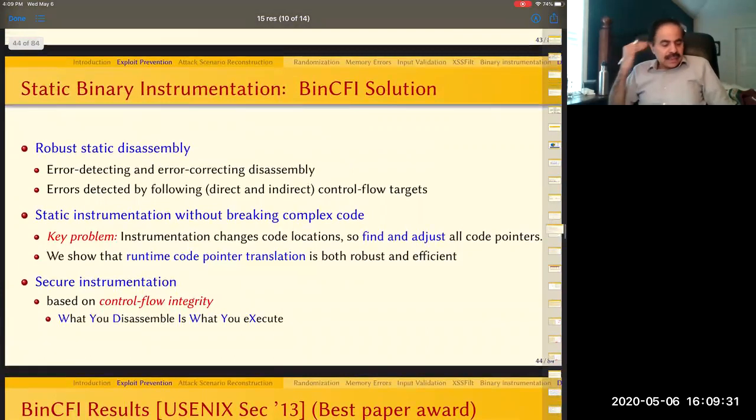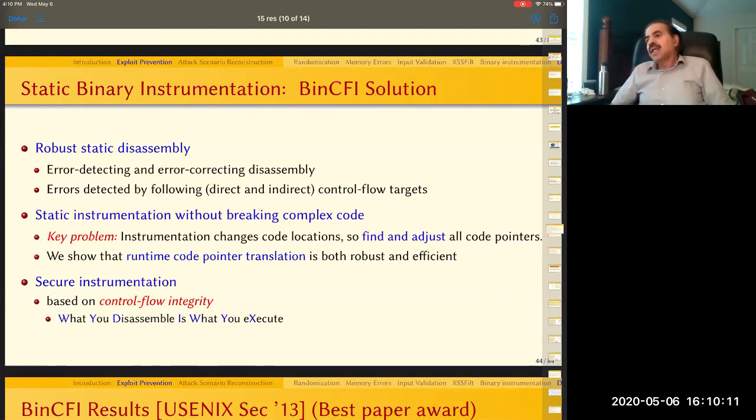And so this is something that we looked at, and we found that, in fact, you can get accurate disassembly by using a simple linear disassembly technique combined with some kind of error detection and error correction. You can find the details in our paper, but the main point is that by and large, most of today's compilers don't put data in the middle of code.